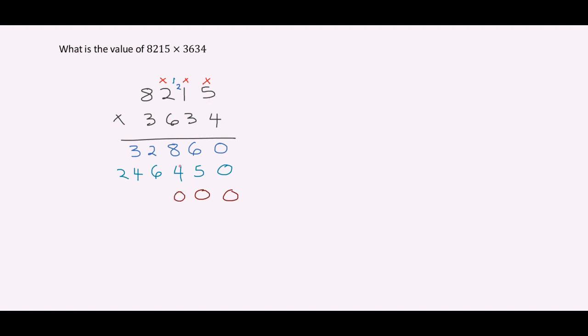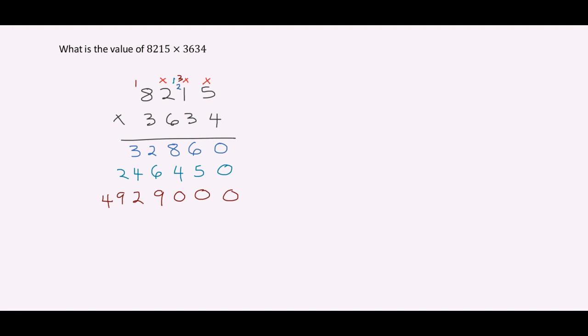So we write a 0 here, carry up a 3. 1 multiplied by 6, we have 6 plus 3, we have a 9. 2 multiplied by 6, we have 12. So we put down 2 here and carry up a 1. 8 multiplied by 6, we have a 48 plus 1, we have a 49. So we write a 9 here and put the 4 here.